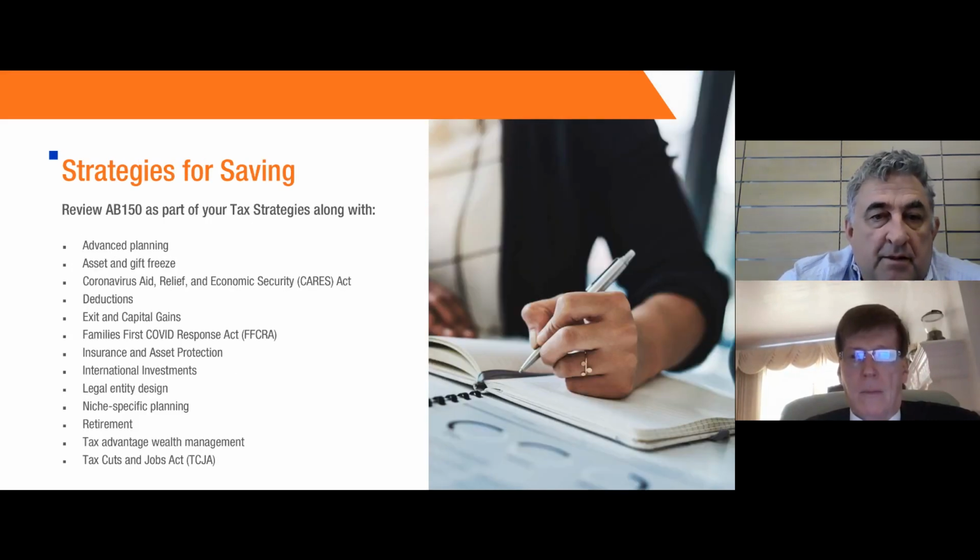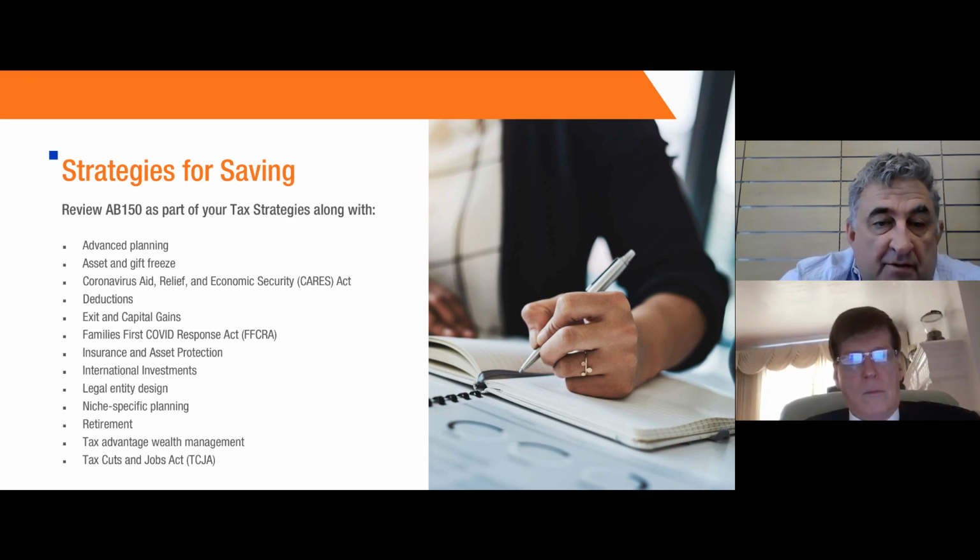And we're going to look at all of your potential tax savings when you meet with us for a tax strategy session. So in addition to AB 150, we're also going to look at your choice of entity. Have you designed your entities in a way that maximizes your tax savings?